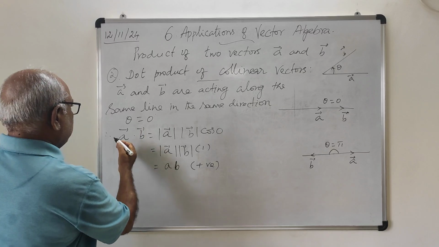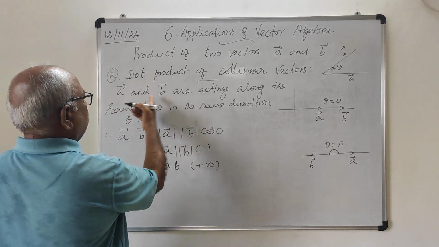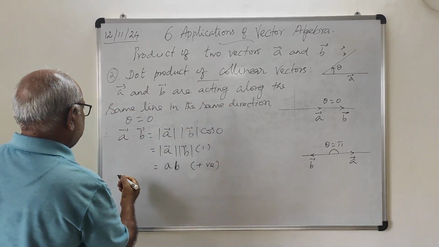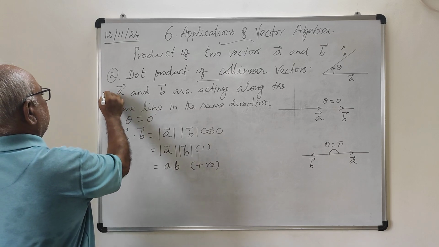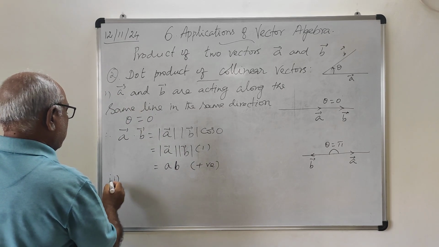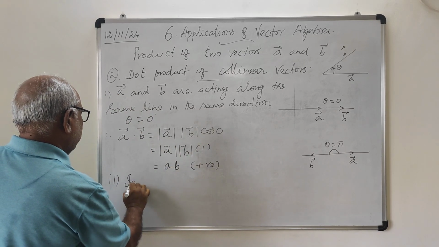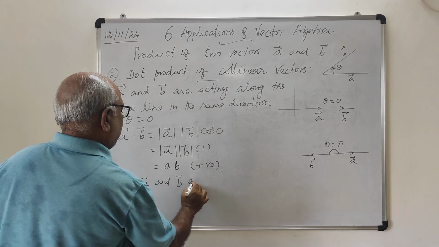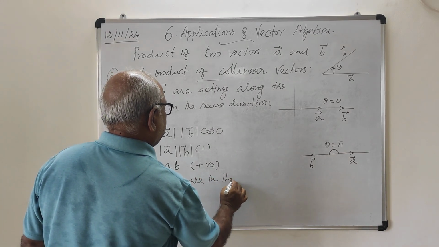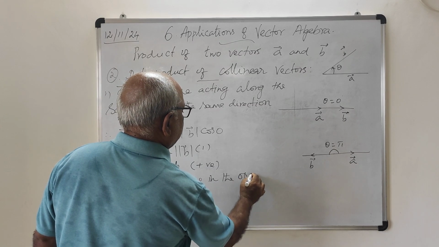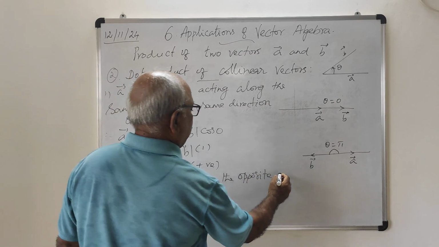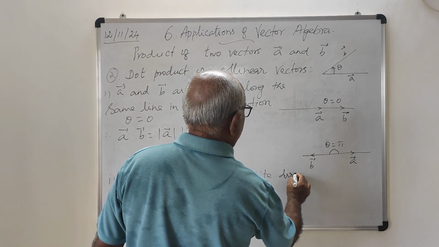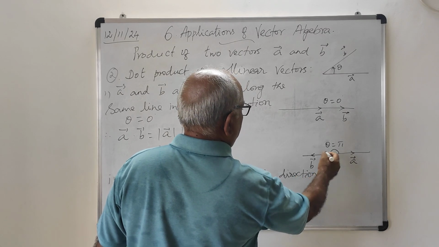So if A and B are acting along the same line in the opposite direction, it is also collinear.